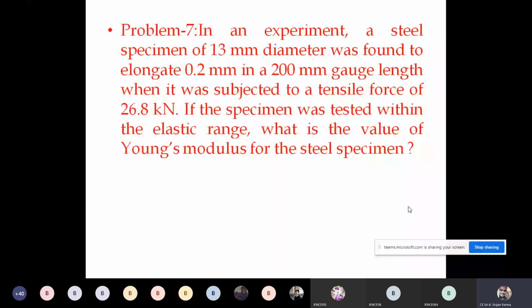If the specimen was tested within the elastic range, what is the value of Young's modulus of the steel specimen?